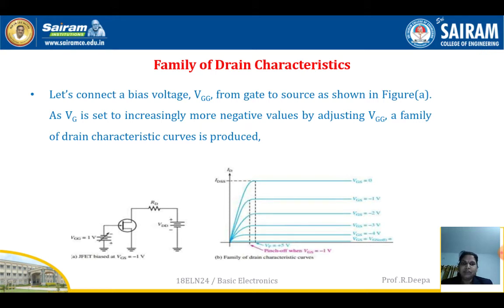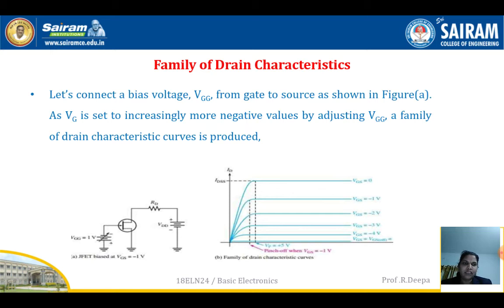This is because VGS provides reverse bias for the gate and the source, so the depletion region increases and extends into the channel, which decreases the channel width and increases the resistance, limiting the flow of drain current from the drain to the source. Hence the drain current decreases as we increase the gate source voltage, shown here as a family of drain characteristics.